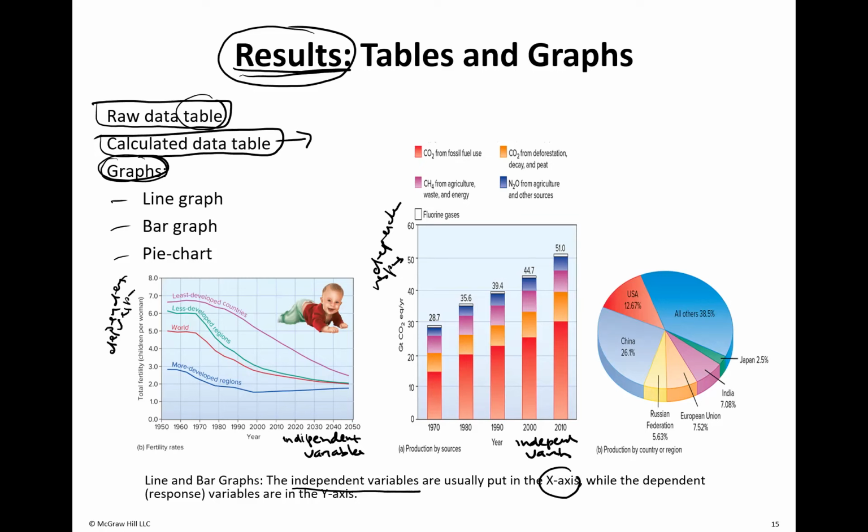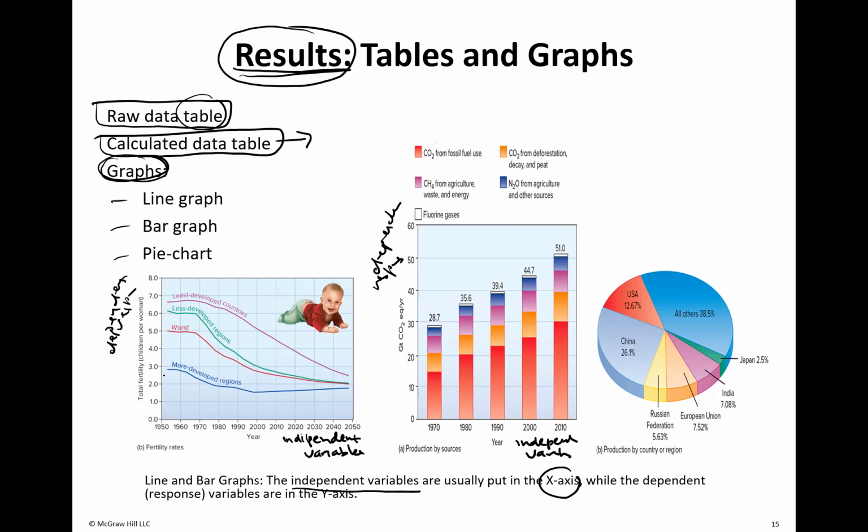If you see on the first graph, the line graph over here, the independent variable is the years, from 1950 to 2050. And then in each year, there is a response. In this case, this line graph shows you the total fertility, which is the number of children per woman.